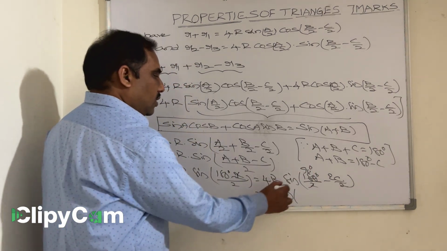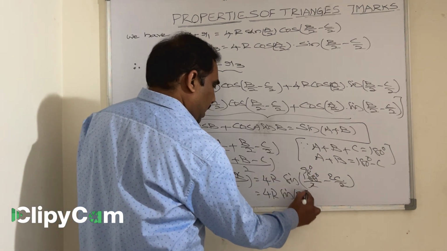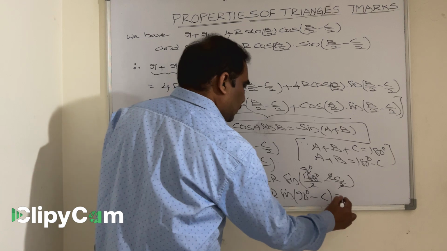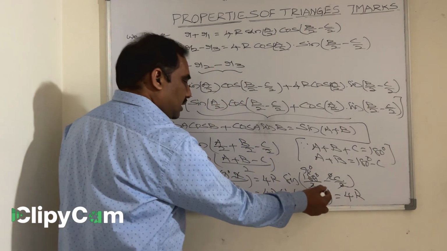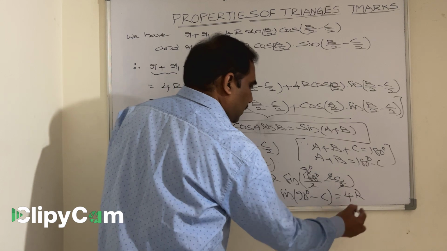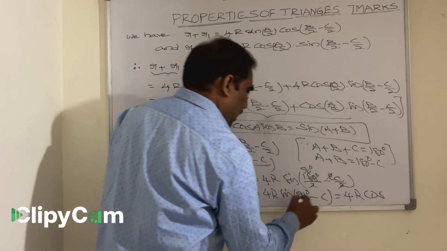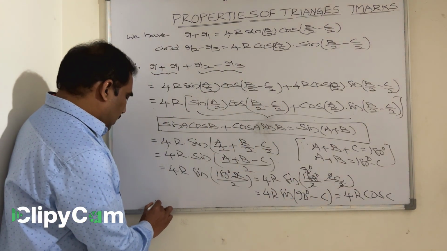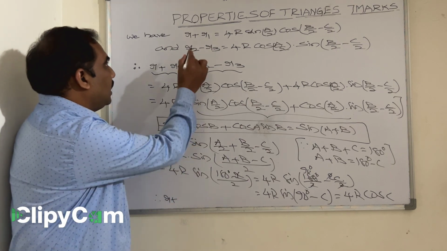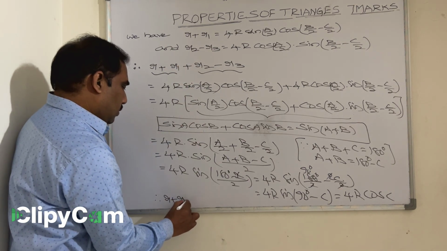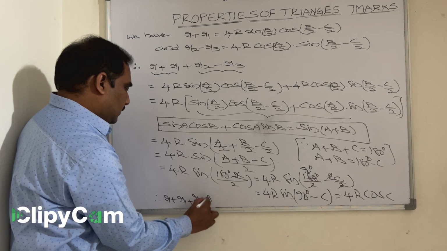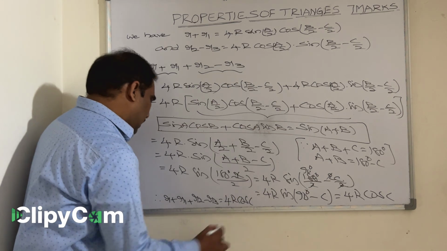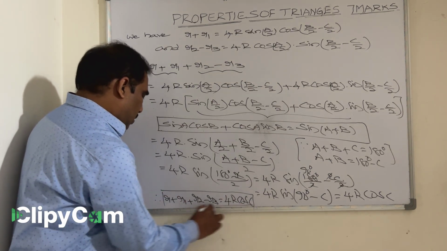So 4R sin 90 minus C, which is in the form of 4R sin 90 minus theta, which is cos theta, so that's why 4R cos C. So therefore we can prove that R plus R1 plus R2 minus R3 is equal to 4R cos C. So this is only what we require to prove here.